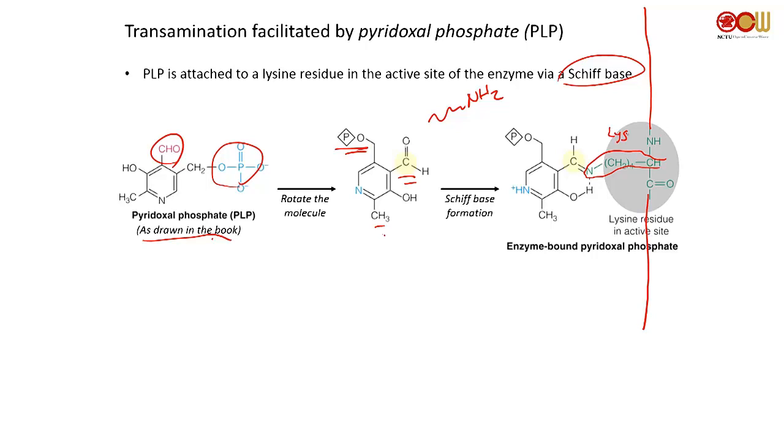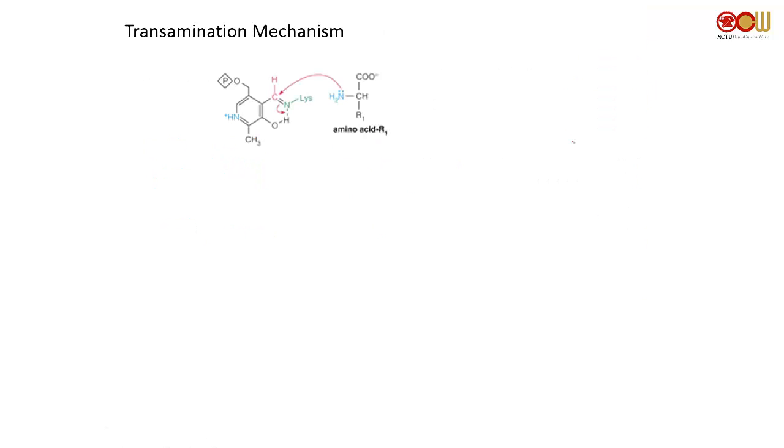Lysine is attached to your PLP through a Schiff base, an aldehyde plus an amino group, and you form this structure. This is called a Schiff base.